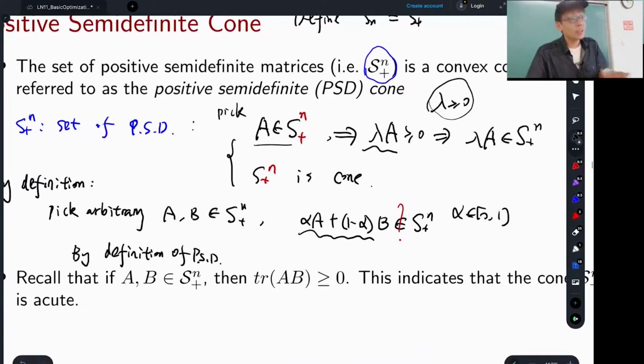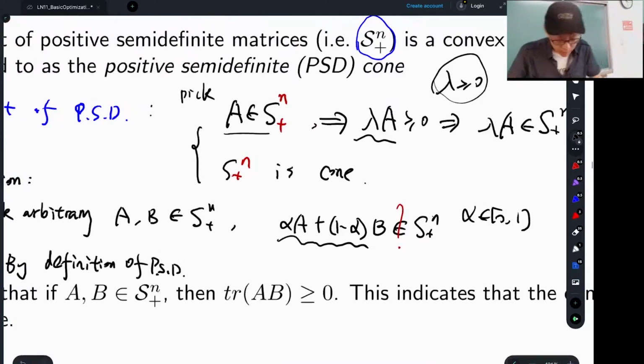There's nothing fancy. You just need to check whether it satisfies the definition of a positive semi-definite matrix. You don't need to overthink. How to prove a matrix is positive semi-definite?